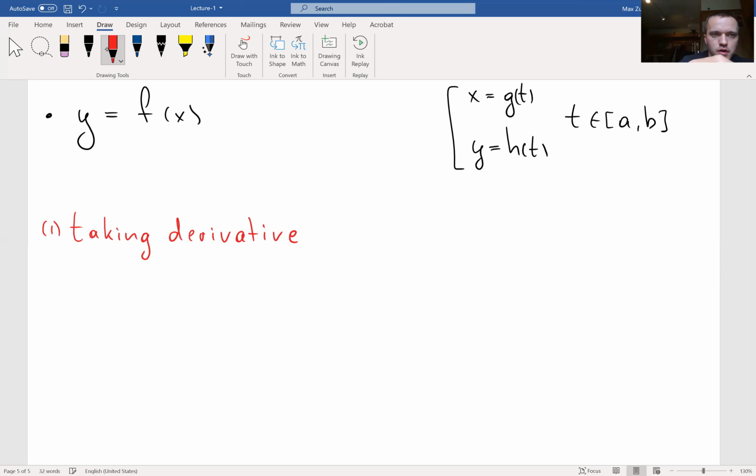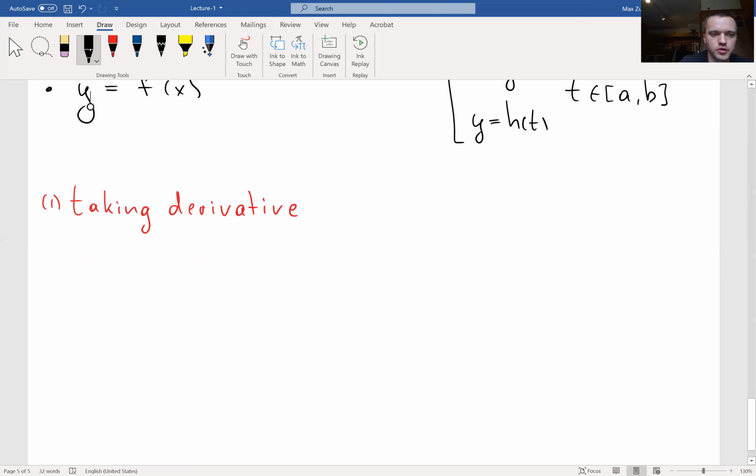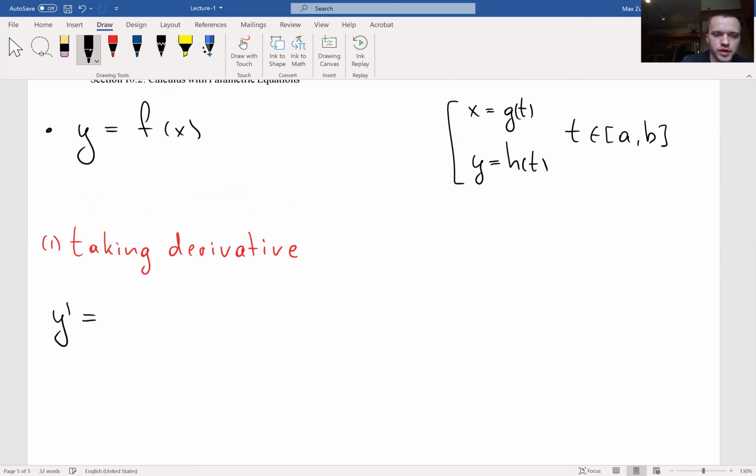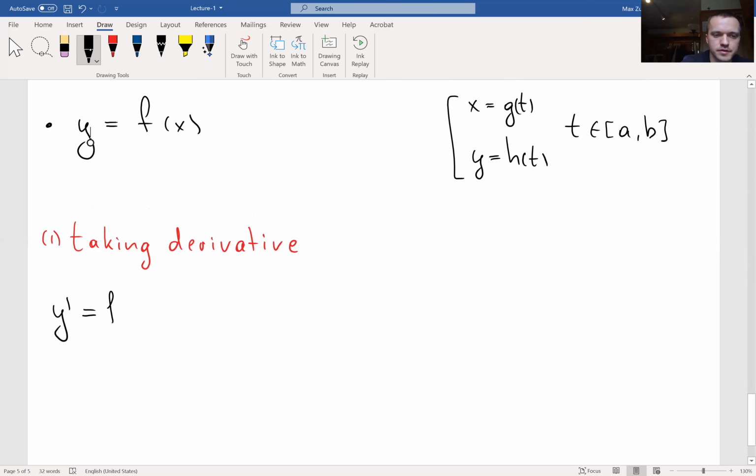We remember that when we talk about the derivative of my function, I can indicate this as y prime, which is also f prime, but also that is going to be the notation dy over dx.